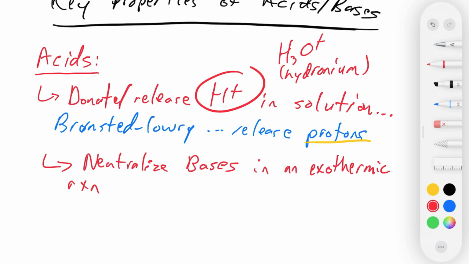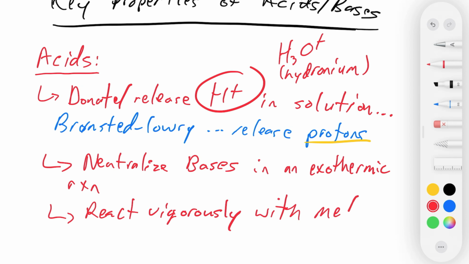The other thing that acids are able to do is that they're able to react, we'll say vigorously, which means very violently and quickly, with metals, given that the type of acid we're dealing with is spontaneous, right? So react vigorously with metals, and of course, that will be if spontaneous. So something like HCl and copper solid are not spontaneous, right? So this wouldn't apply.